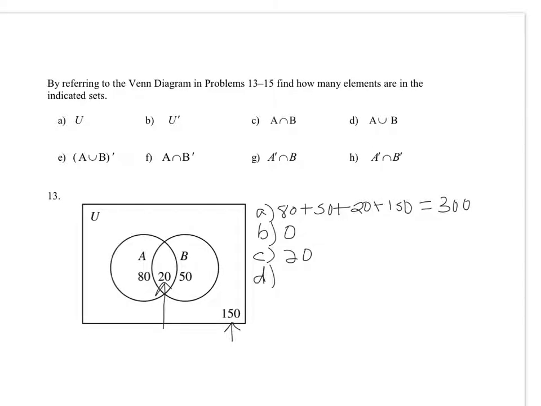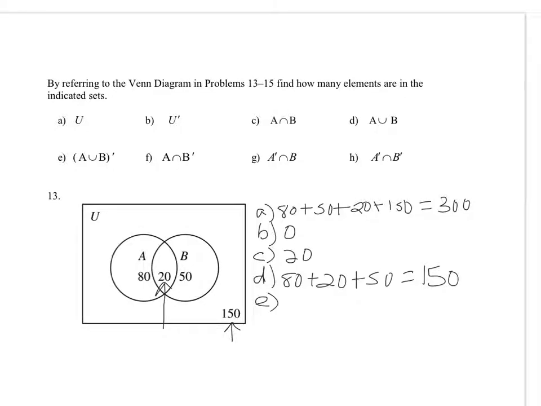All right, on D, I want A union B. Remember with union, I want everything that's in A or that's in B. So if I add up all of these values that I see inside either of these 2 circles, I get 80 plus 20 plus 50, which is 150. And that would be the answer.